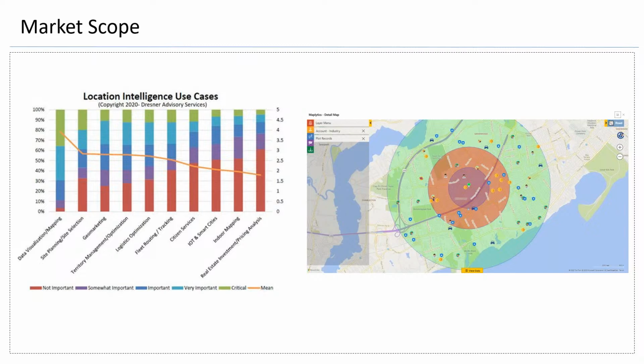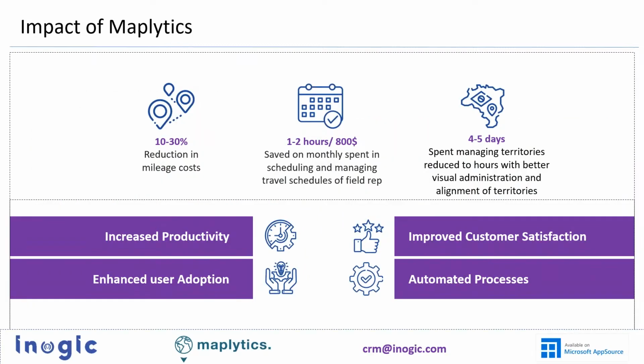Before we start with a quick overview of the features to be covered today, let's see a few examples of the impact of Maplytics on business. With Maplytics in use, organizations are able to reduce mileage costs by 10 to 30%, and we all know how valuable it is to save fuel.